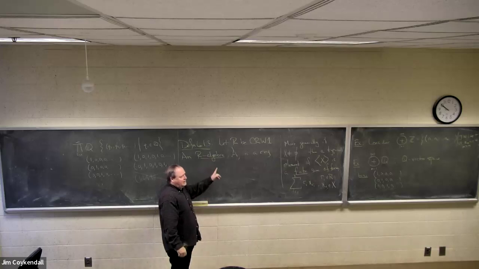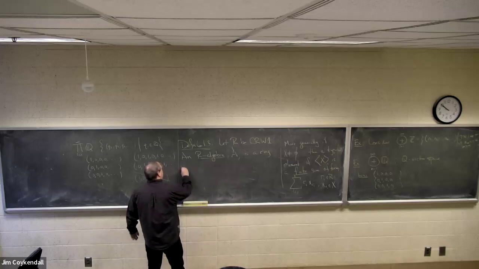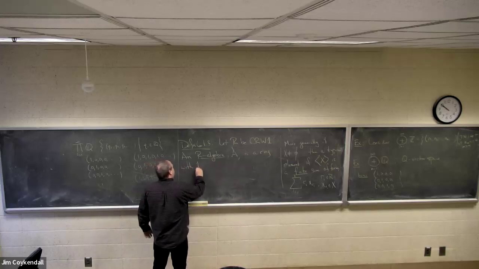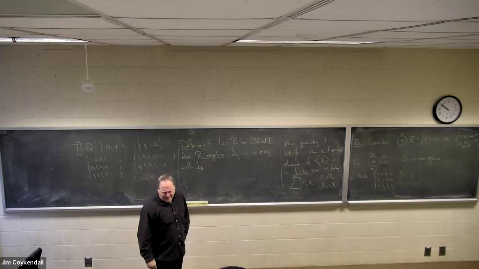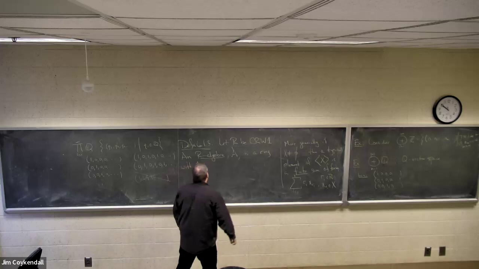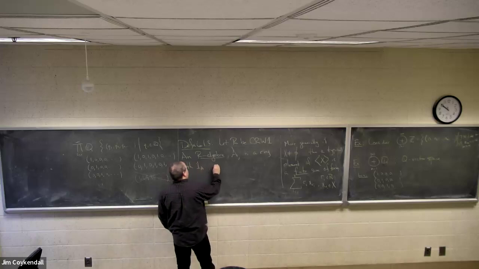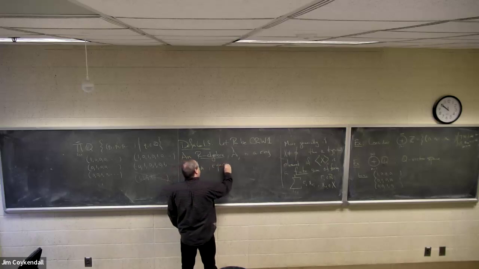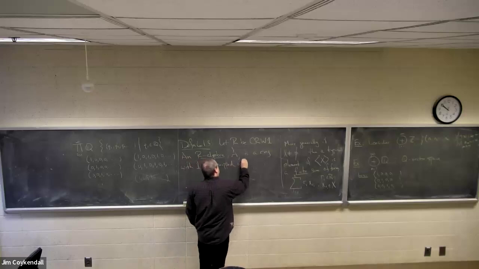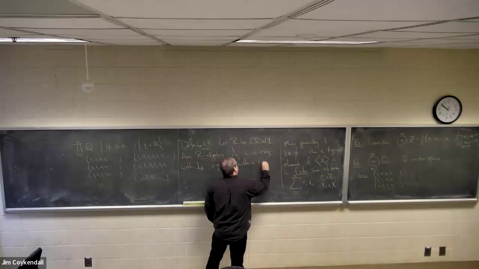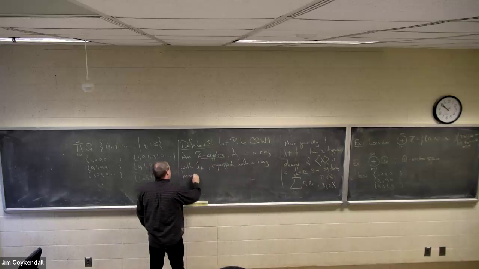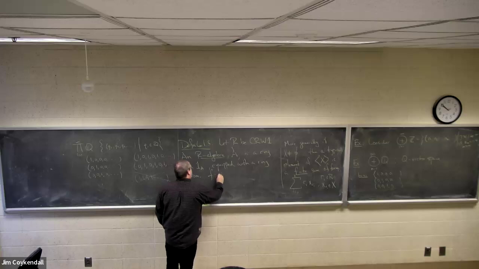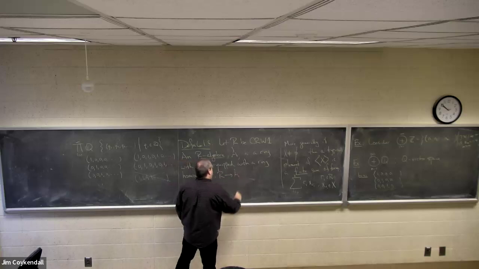Notice I don't say that this ring is commutative. I will say it has an identity. It's a ring with identity, equipped with a ring homomorphism from R to A.